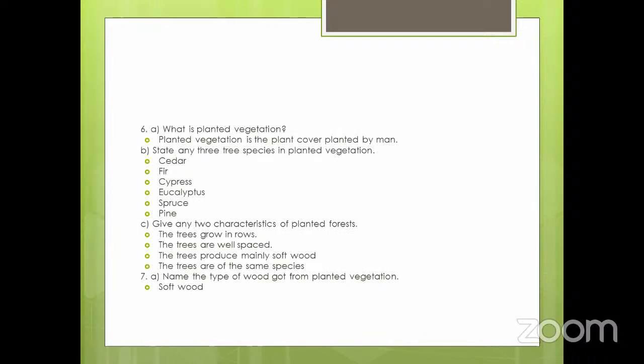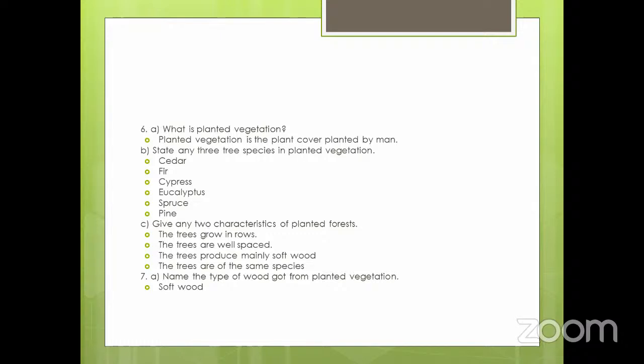Maybe Dan can take us through. Is Dan still with us? The first one: the trees grow in rows. The trees are well spaced. The word is spaced. The trees provide mainly softwood.